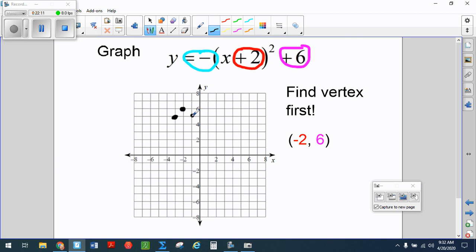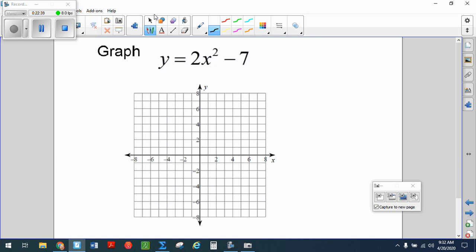Down 3 over 1. Then I'm going to go down 5 over 1, in both directions. And then draw my curve. That's my quadratic graph.